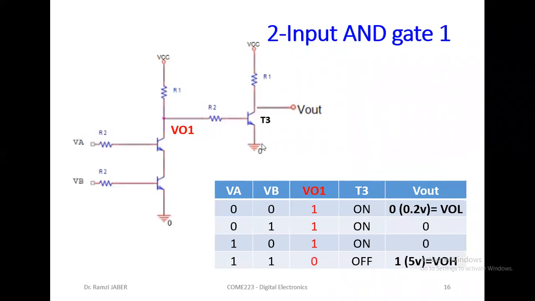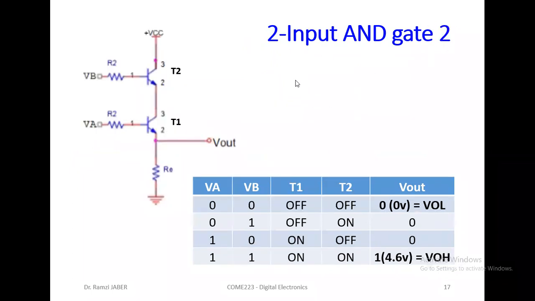When we put the inverter here, on, off will give us 0, 1. Here, 0 is 0.2 volt and 1 is 5 volt. This is the AND gate. This contains 3 transistors and 5 resistors. This is AND gate number 1.